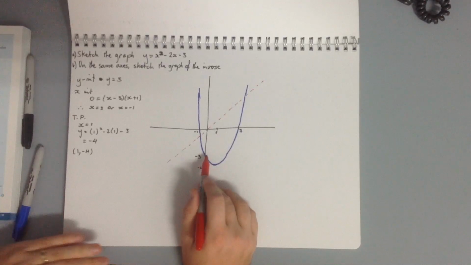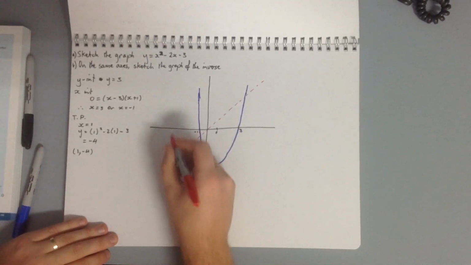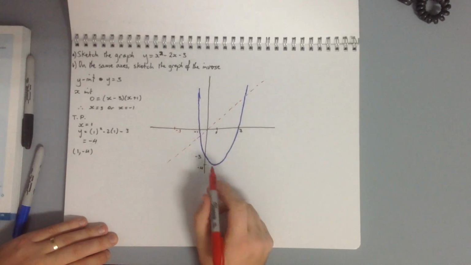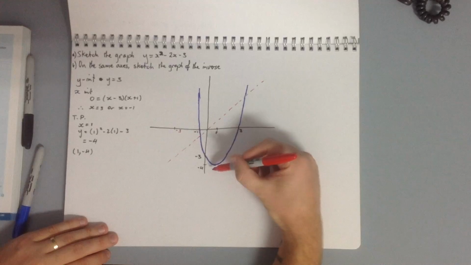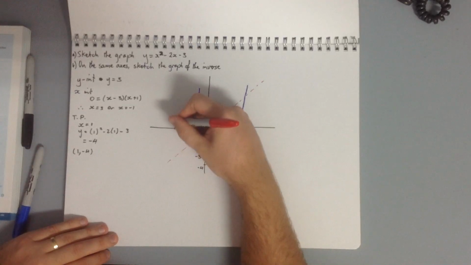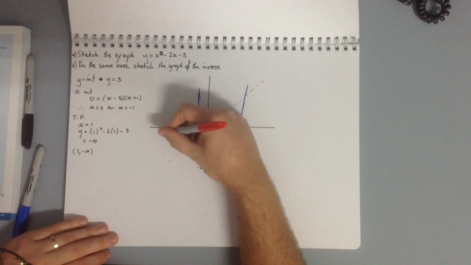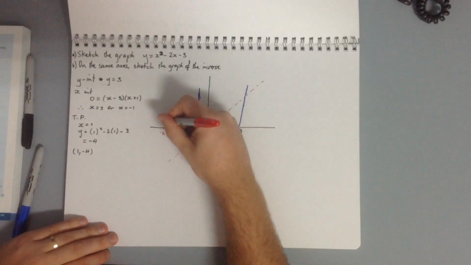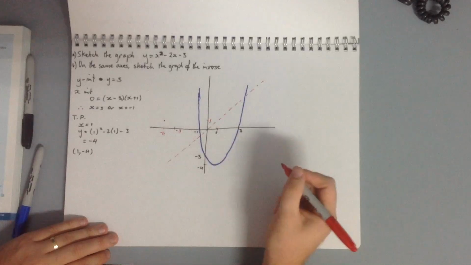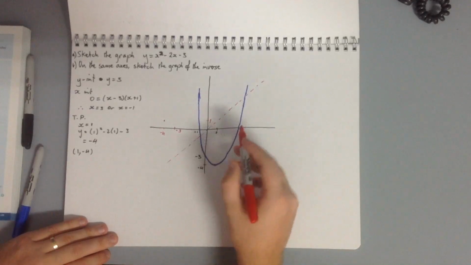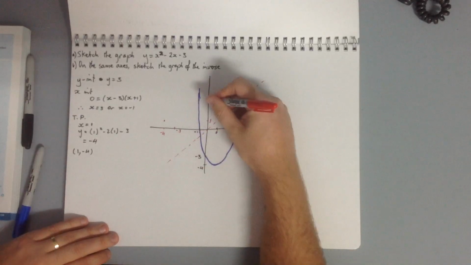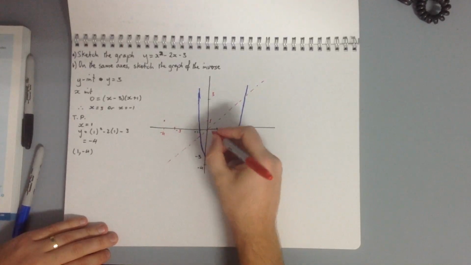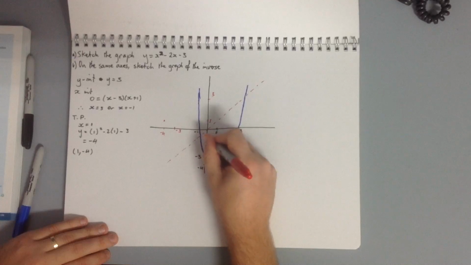So at our (0, -3), we're actually going to be at (-3, 0). At the point (1, -4), we're going to be at (-4, 1). So we know we're going to be in here as well. We also know point (3, 0) is now (0, 3), and the point (-1, 0) is now (0, -1).